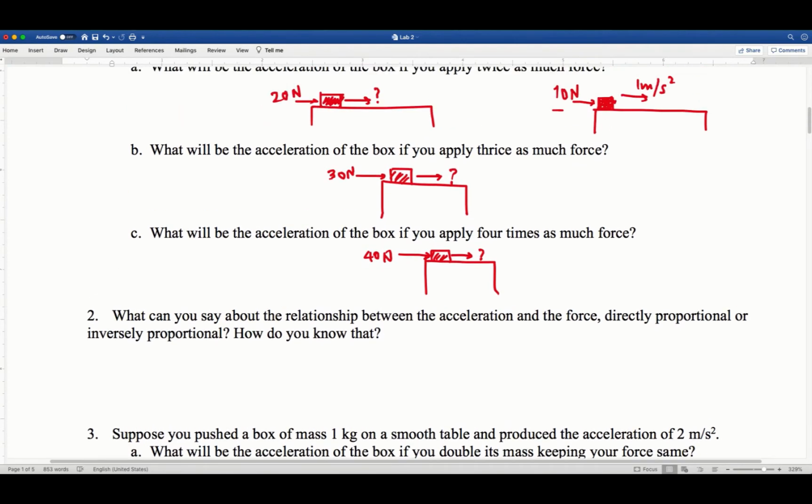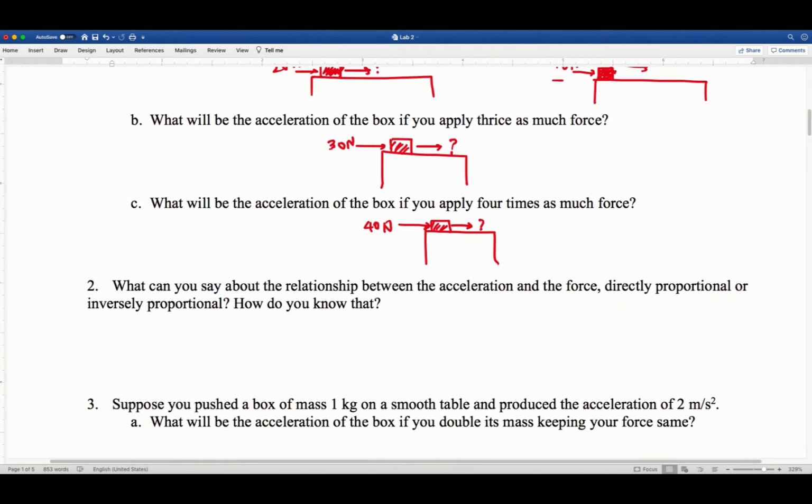So from the results in part 1, what can you say about the relationship between acceleration and force? You need to think about the relationship between acceleration and force, whether the relationship is direct or inverse.